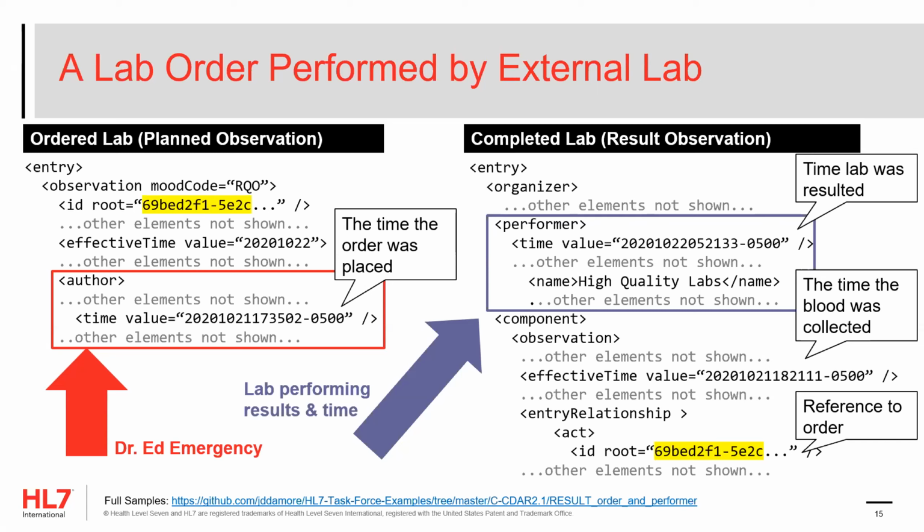The extension was not positioned to be used inside acts like observation and organizer, but maybe the wheels will start to turn. I think this is a great example of a business need for why it might be interesting to have an identifier, not just an ID, for some of these act classes.